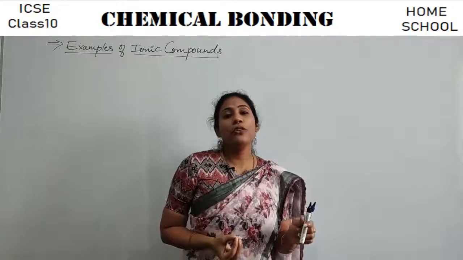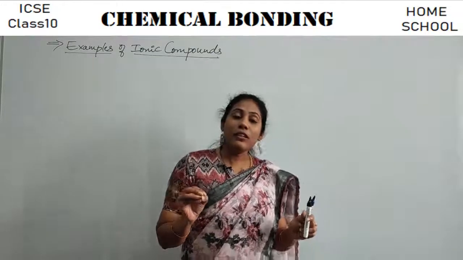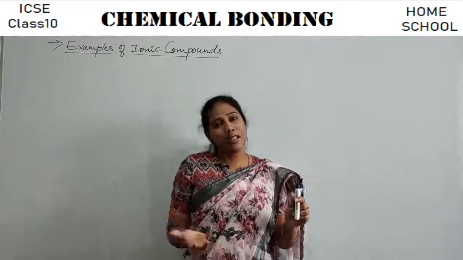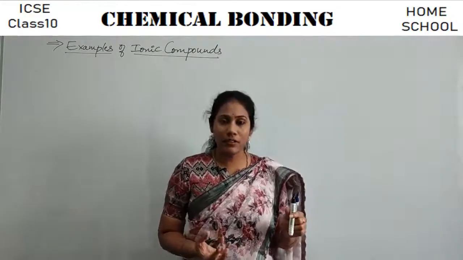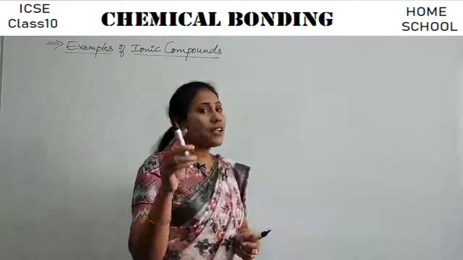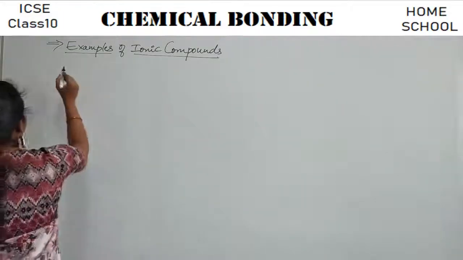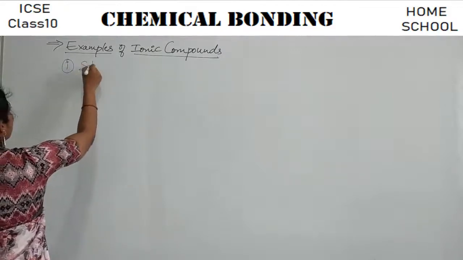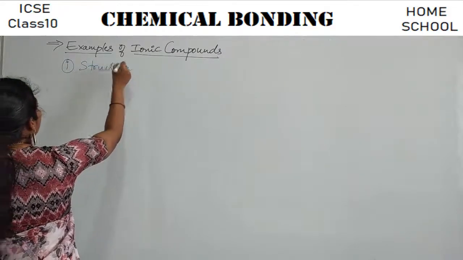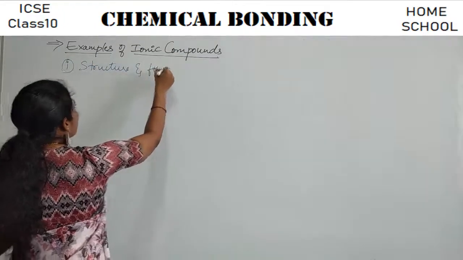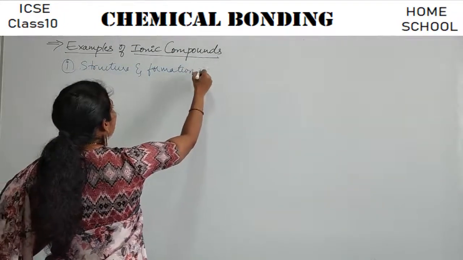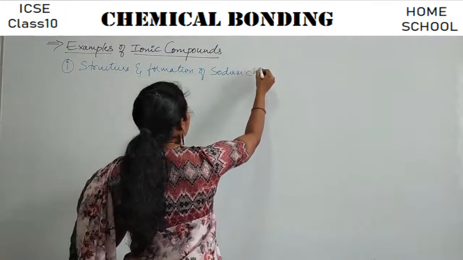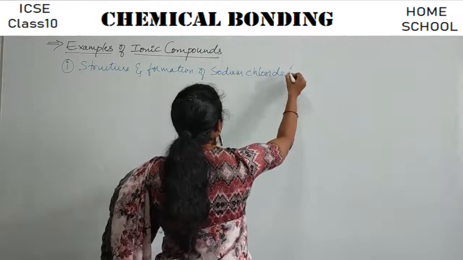And in today's video, let us discuss some examples of ionic compounds, like the formation of those ionic compounds. So first and foremost, let us talk about the structure and formation of sodium chloride, a well-known chemical compound.